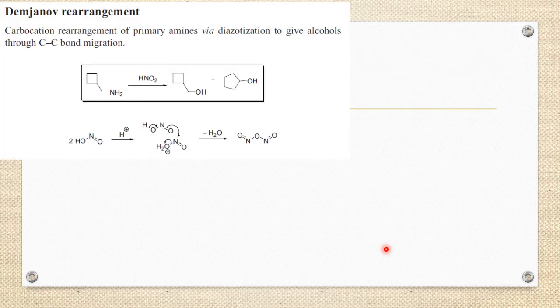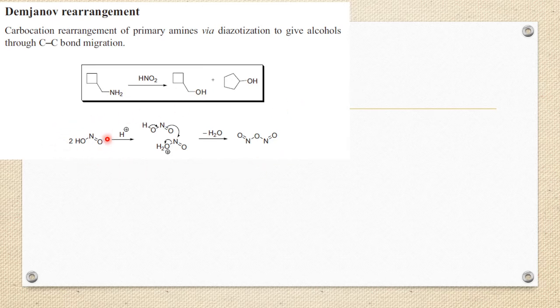The Demjanov reaction is actually a carbocation rearrangement of primary amines which undergo diazotization to give alcohols through carbon-carbon migration. You see that there is a primary amine which will be diazotized, and this will in turn give alcohol. That's how it's shown here.